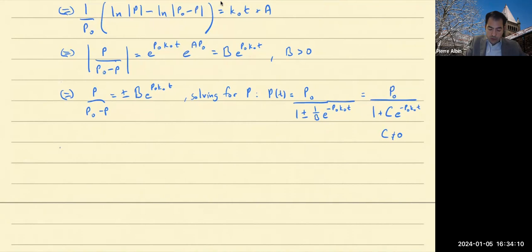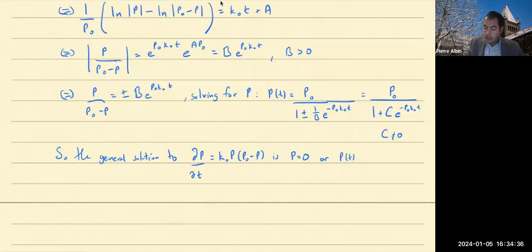Right? So the general solution to the logistic equation is p equal to 0 or p equal to p naught divided by 1 plus c e to the minus p naught k naught t with c arbitrary.